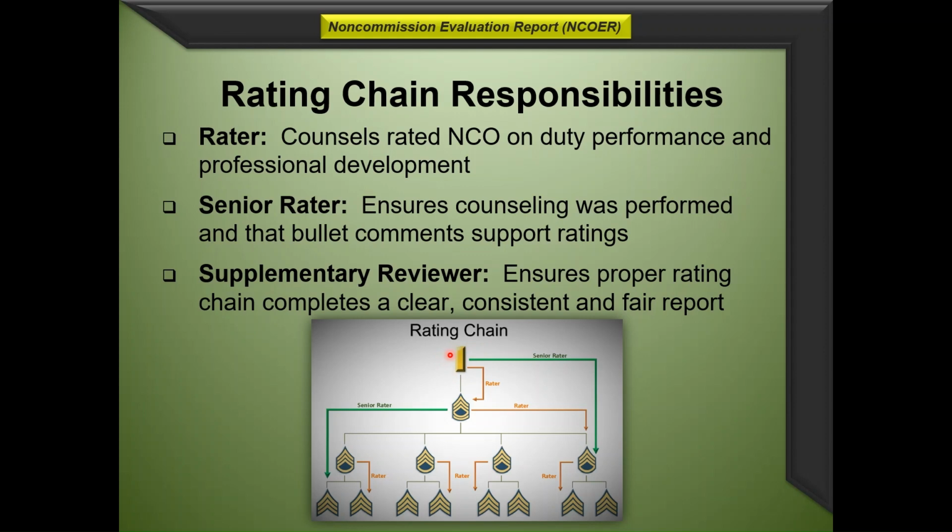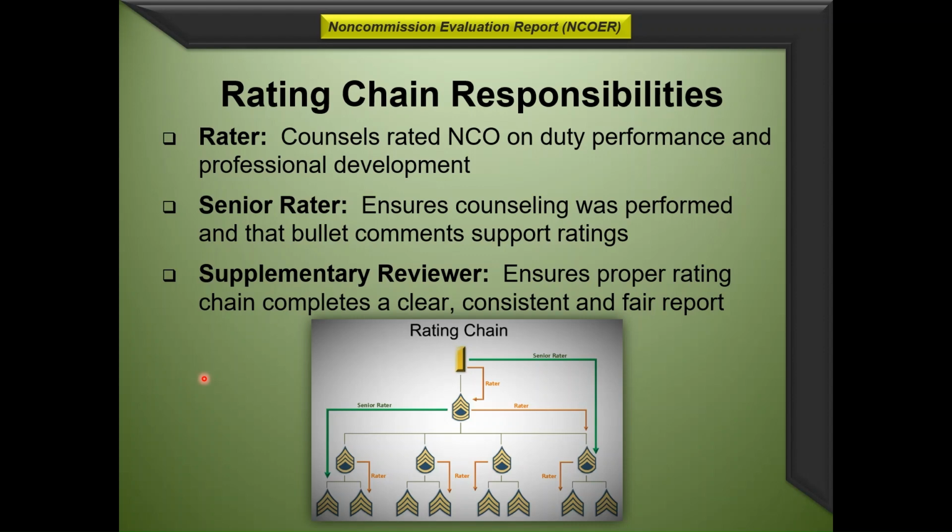Now, as far as supplementary reviewers go, there are some qualifications that need to be met. If the senior rater is not a captain or above, then the evaluation report must have a supplementary reviewer that is a captain or above.